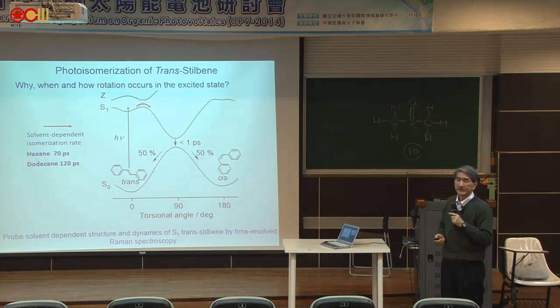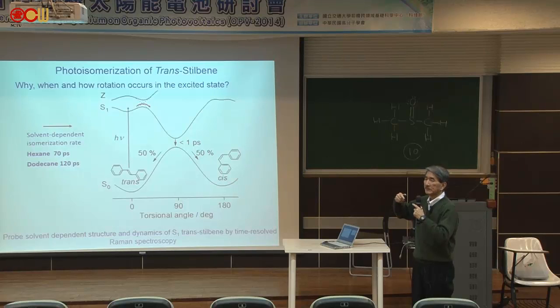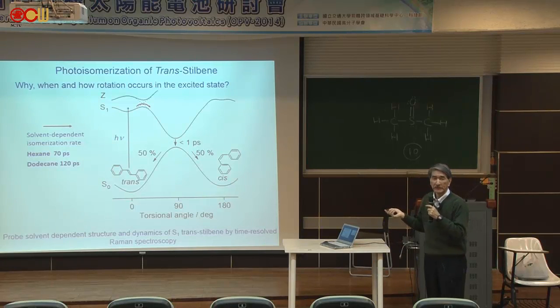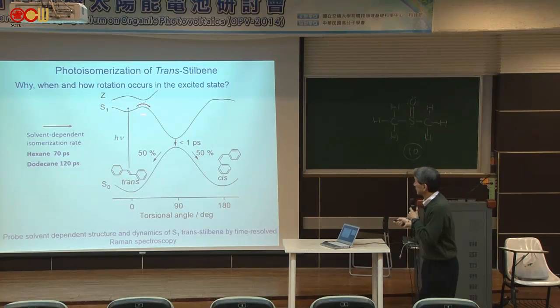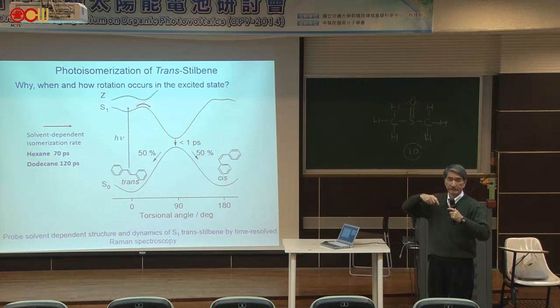Many theories say that in the excited state of the double bond, one electron is transferred into the anti-bonding state, and that makes the bond a single bond, as you saw in the benzophenone and diphenylacetylene cases. If it's a single bond in the excited state, then it can rotate.